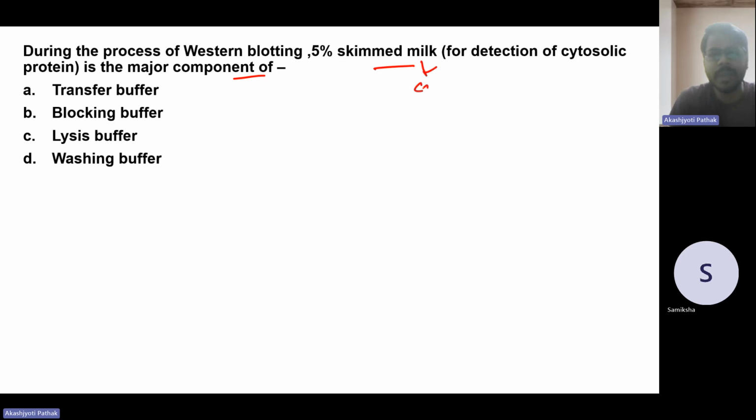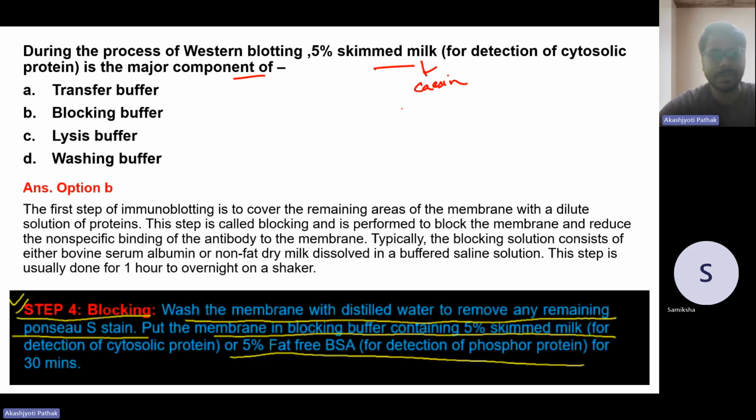This skimmed milk has casein, because of which it will go and bind to the regions of the membrane, and it will not allow the antibody probe to bind anywhere on the membrane. As a result, the noise that you will get will be reduced.